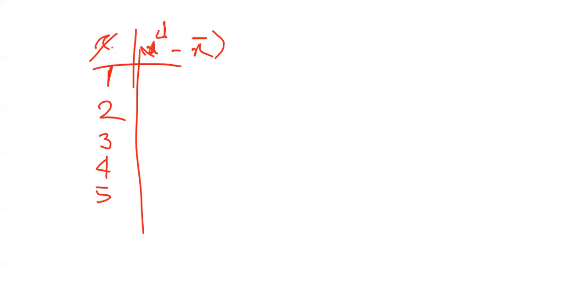X minus x bar, that's the deviation. And that one is deviation from the actual mean. So our mean is 3. 1 minus 3 is minus 2. 2 minus 3 is minus 1. 3 minus 3 is 0. This is 1. This is 2.